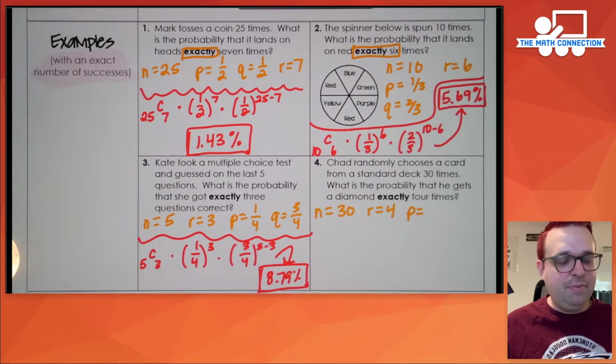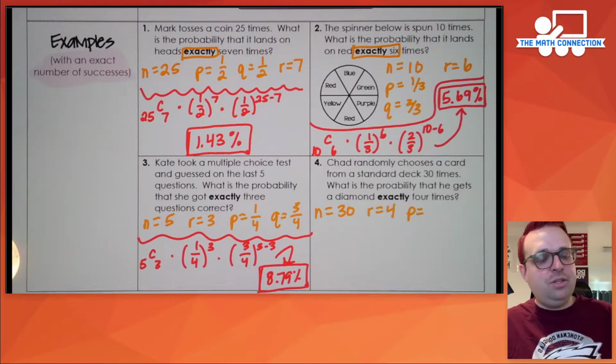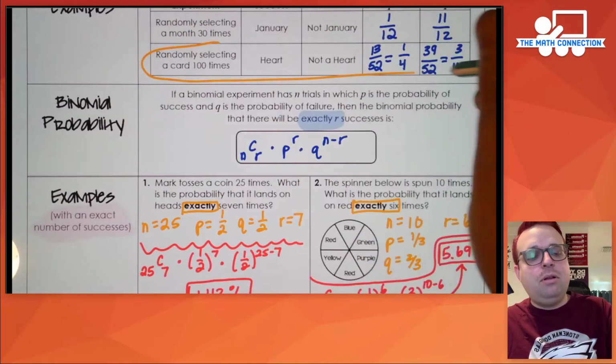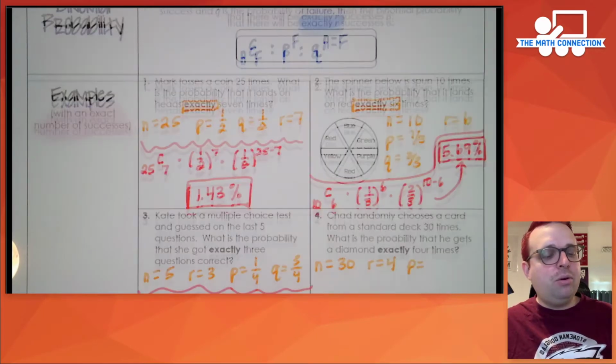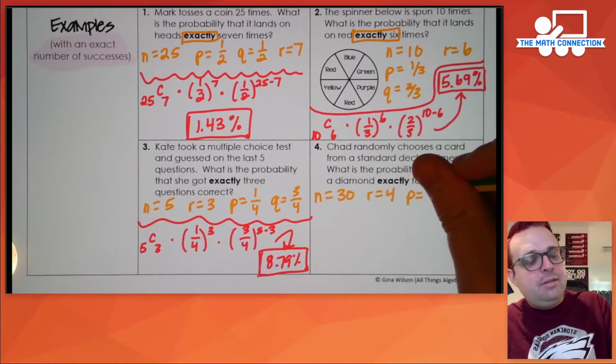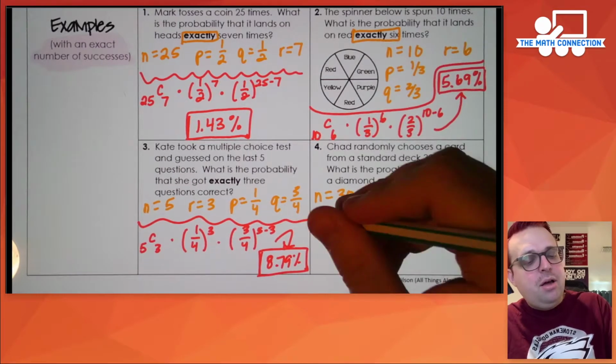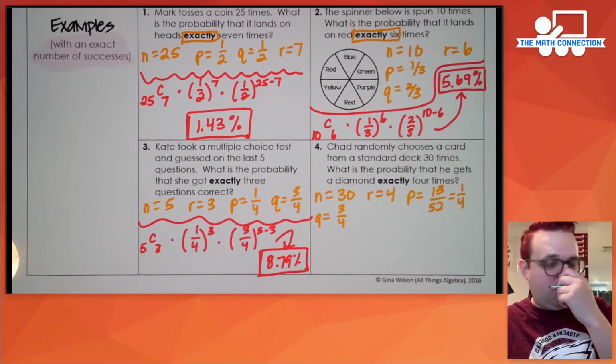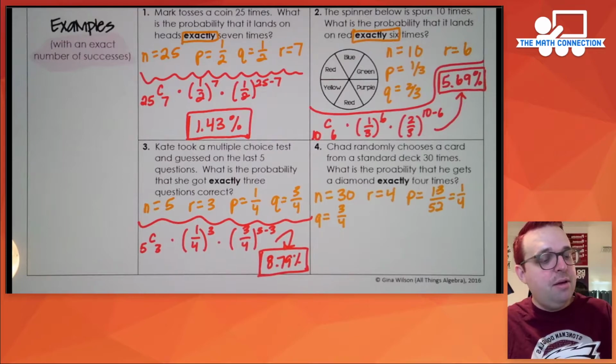There's 13. And there's 13 out of 52, which we already said if you roll back up here. This whole example right here told me that there were 13 diamonds out of a deck of 52, which is 1/4. And if the success is 1/4, the failure has to be 3/4. So that's what's left up to 1, okay?